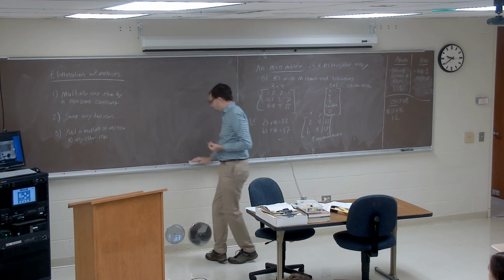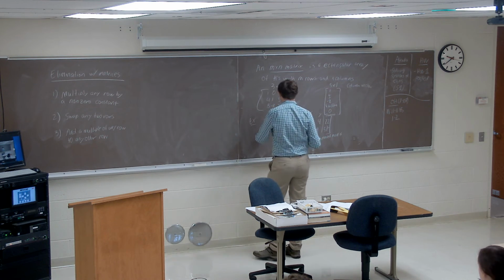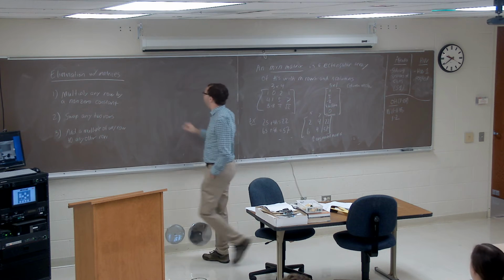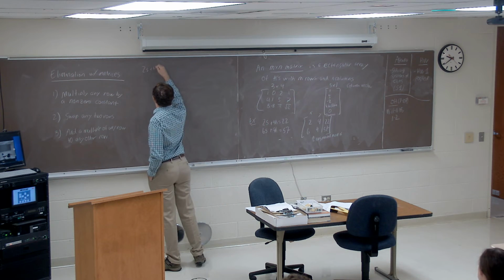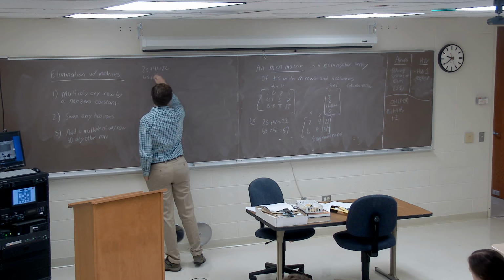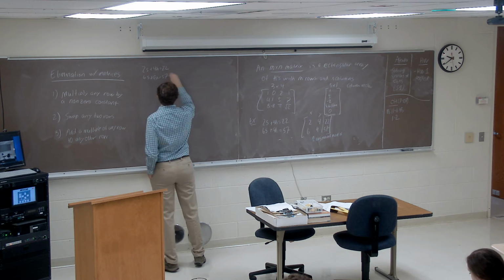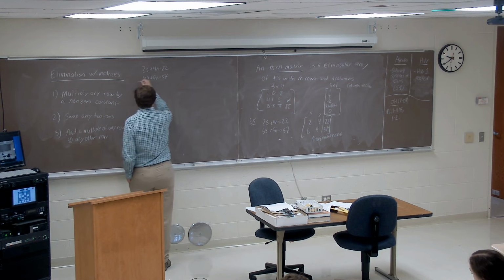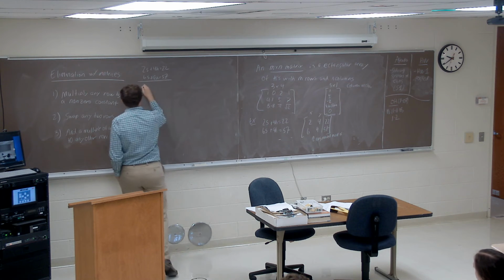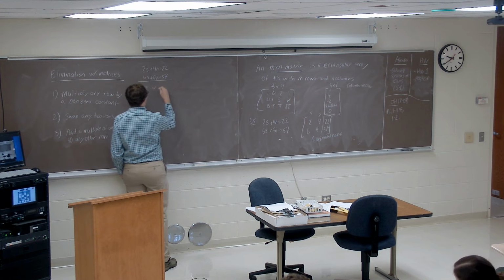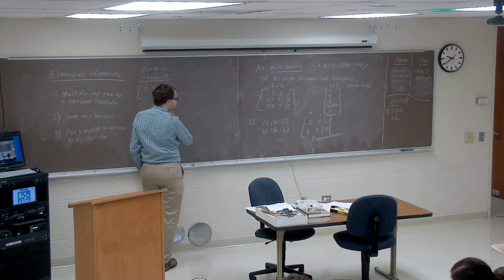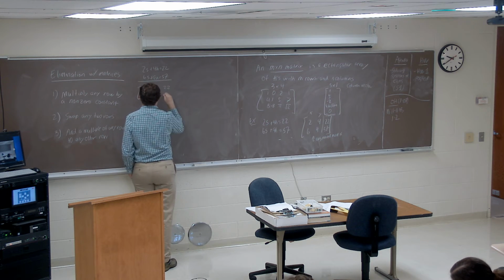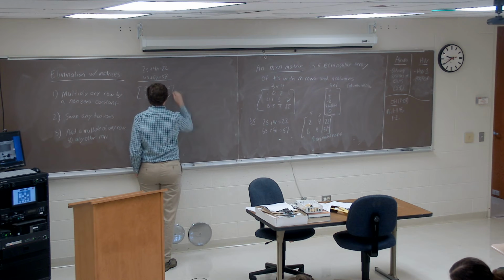Just as an example, with our 2S plus 4H equals 22, and S plus 9H equals 57. If we're going to start with that system of equations, that would be the same as starting with the matrix 2, 4, 22, 6, 9, 57.